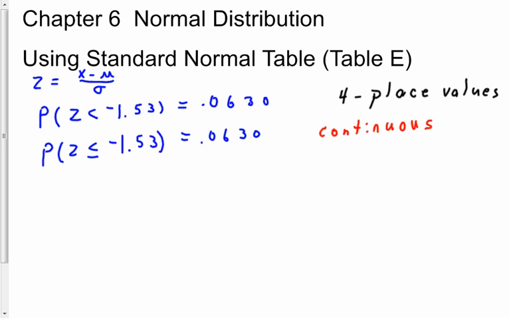Probability that x was less than 4 was not the same as probability that x was less than or equal to 4. That's one of the differences between the continuous and the discrete.